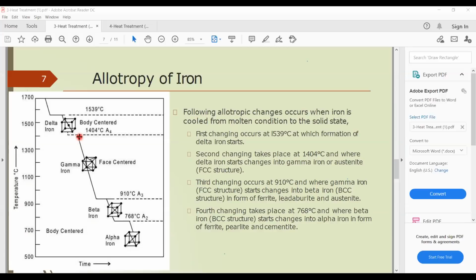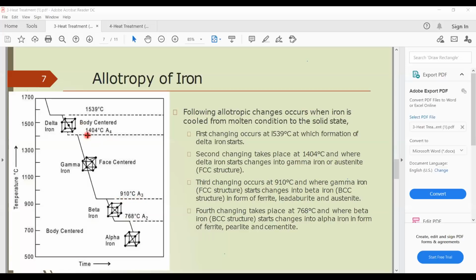Then you again cool it down and it reaches 1404. Once it reaches this temperature, this delta iron is converted to gamma iron, or the formation of gamma iron starts. This gamma iron is available between 1404 degrees Celsius and 910 degrees Celsius.